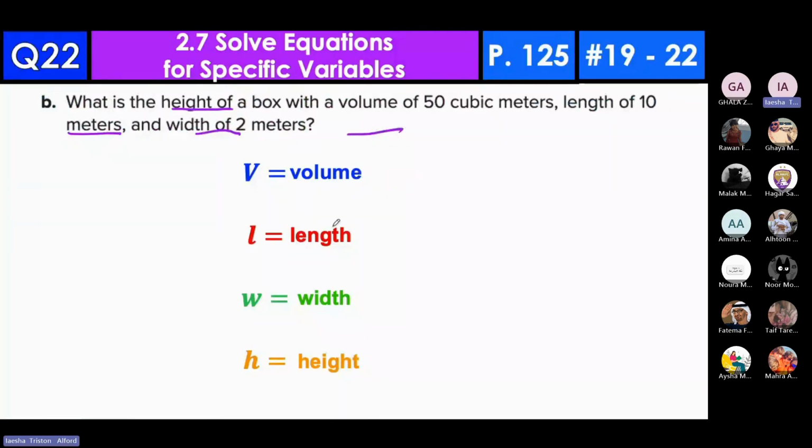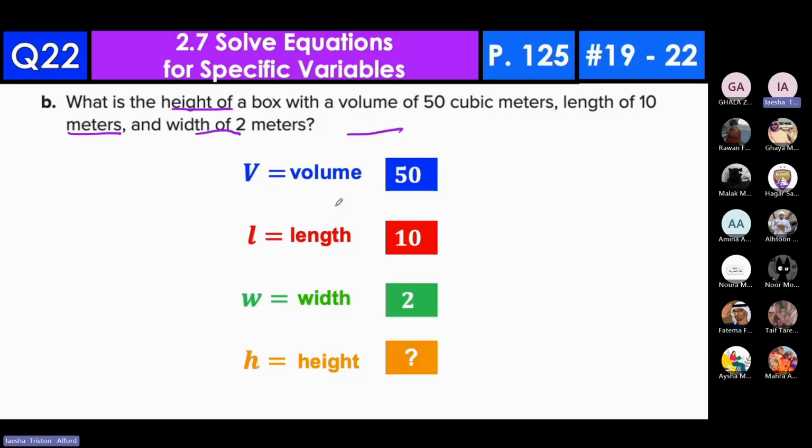So you have to read your sentence. What do they say is the volume? 50 cubic meters. What is the length? 10 meters. And what is the width? 2 meters. Do we know the height? No. So put question mark.